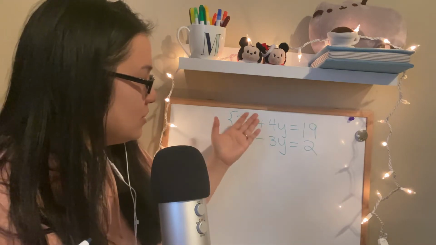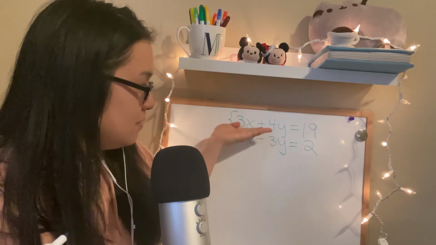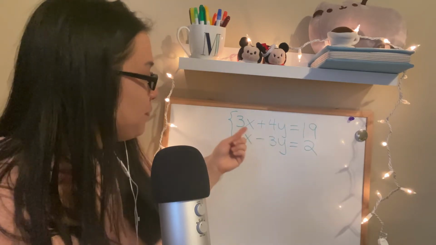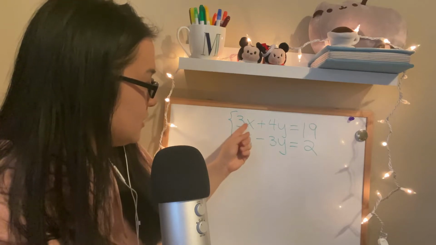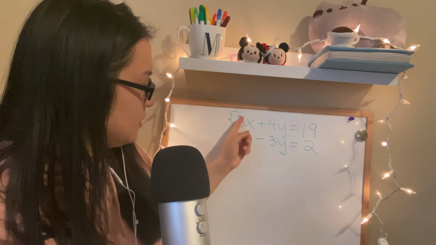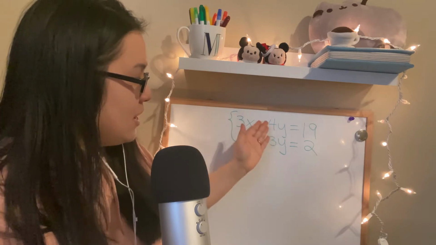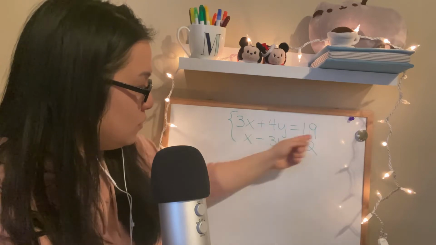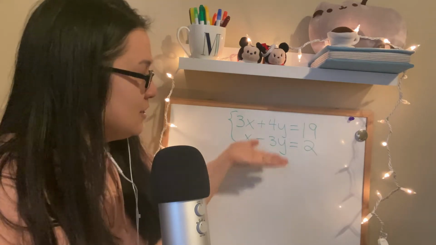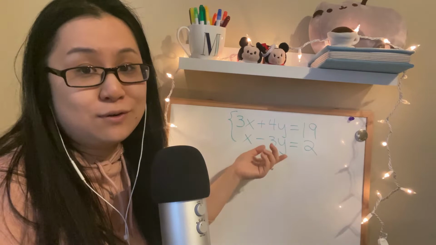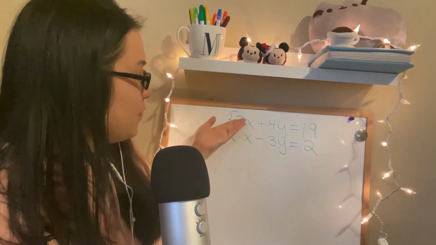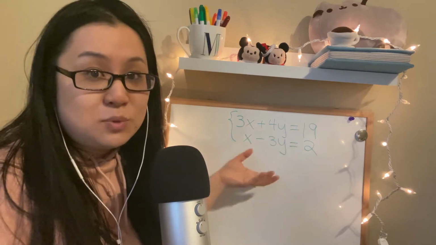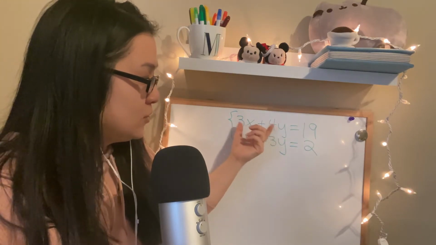To convince you that there are infinitely many possible x's and y's for just this first equation, if I were to pick x as 0, I would get 3 times 0 is 0, so that goes away, and then I would solve for y: 4y equals 19. To move the 4 over, I divide by 4 on both sides, so y equals 19 over 4. So 0 for x and 19 over 4 for y is an example of a pair that works for this first equation.